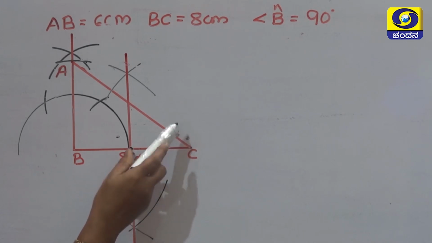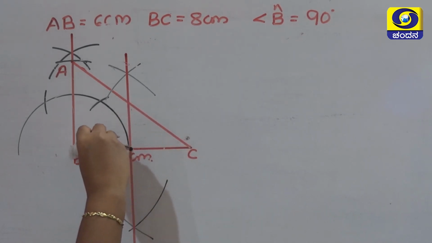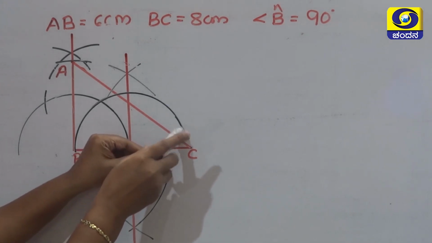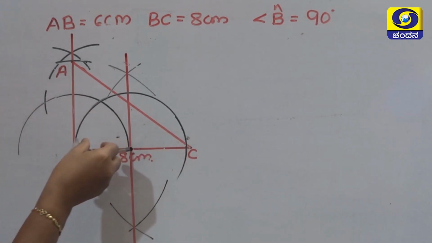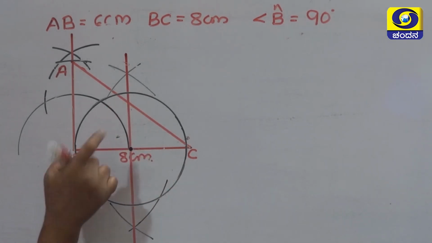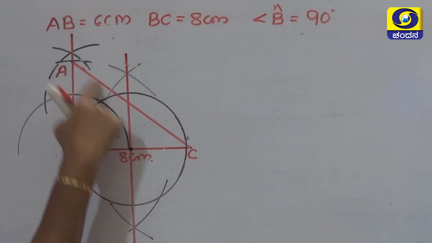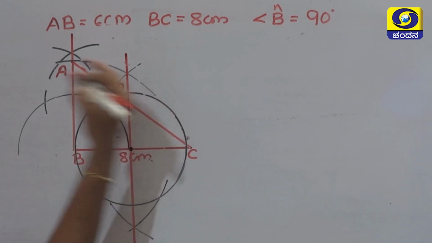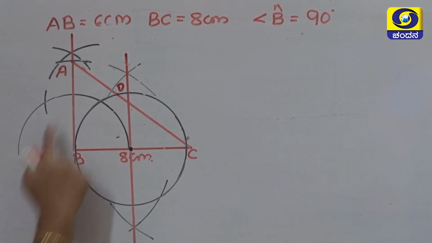This is our midpoint now. Taking this much of distance, we have to draw a circle. Definitely this circle will pass through both the points B and C. You might be observing here our circle is passing through both the points B and C. Now let me denote the point where the circle has cut right angle triangle as point D. Now you can see that our circle is passing through 3 points B, C and D as it is asked in the question.